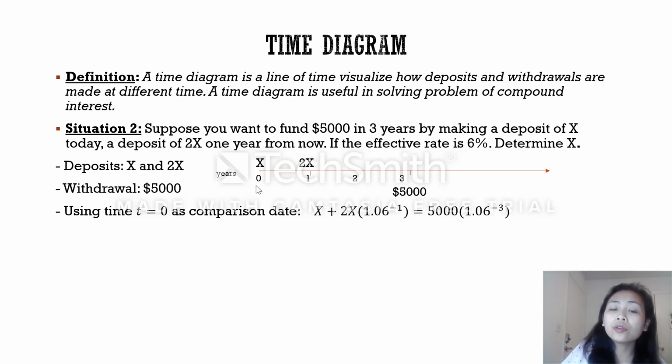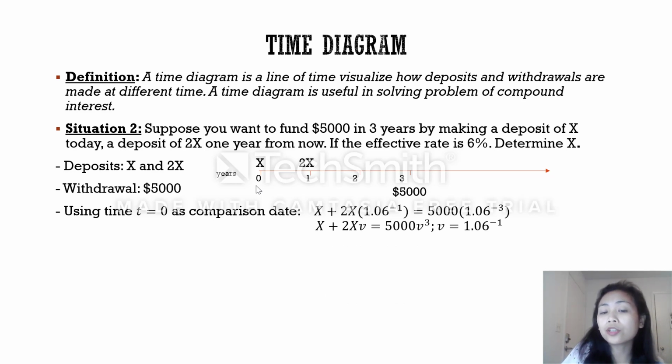Here we are going to use a new notation: v equals 1.06 to the negative 1. So we rewrite the equation: X plus 2X times v equals 5,000 v cubed, where v is 1.06 to the negative 1. Please make sure that you know this notation. v represents the inverse of the accumulation function.